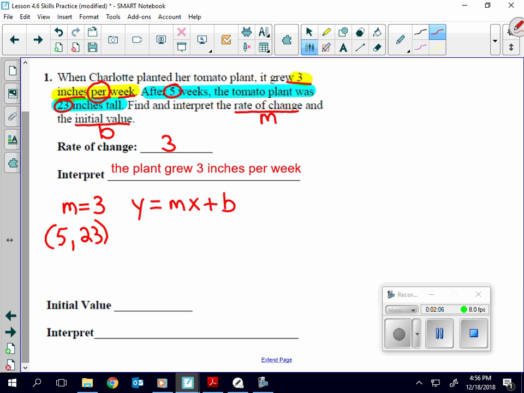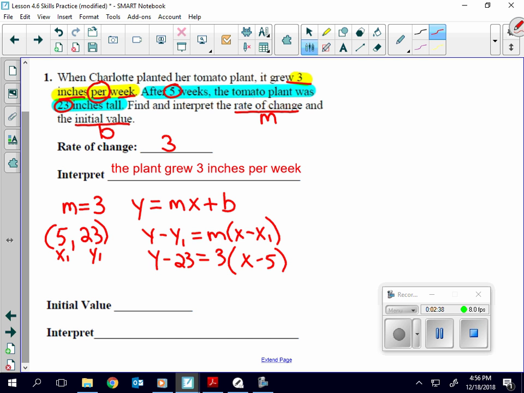I'm going to do this the old way, where we first get it into point slope form, like we did the other day. So here we go. This is, of course, x1 and y1, and we have our m up there. That's 3. So it's y minus 23 equals 3 times x minus 5.